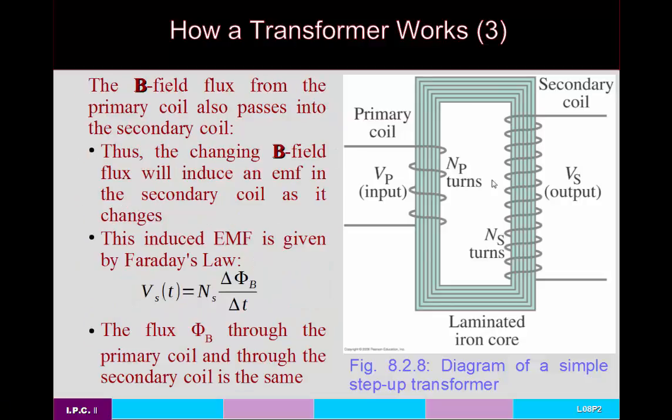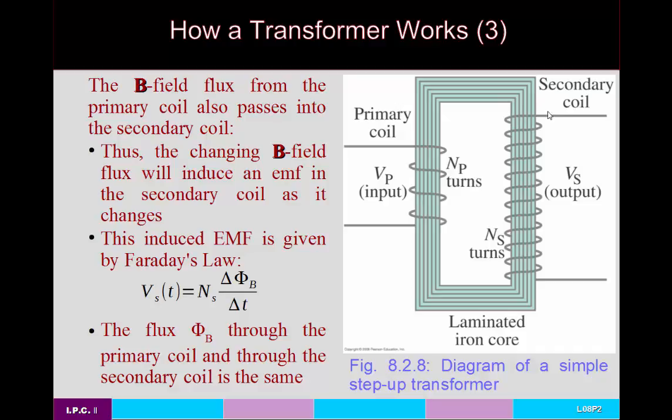Now, this B field, again, you can draw the field lines, will in fact pass also through the secondary coil. And so by changing the B field produced by the primary coil, you are in fact changing the flux of the B field in the secondary coil.